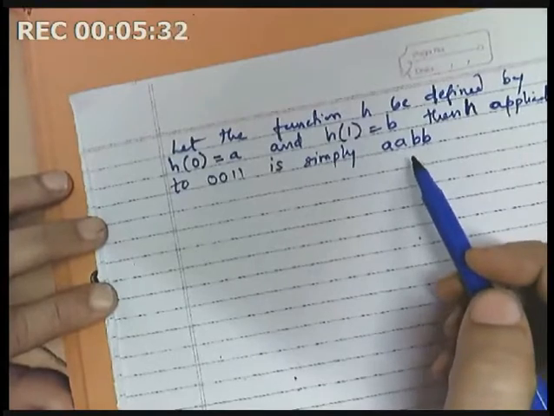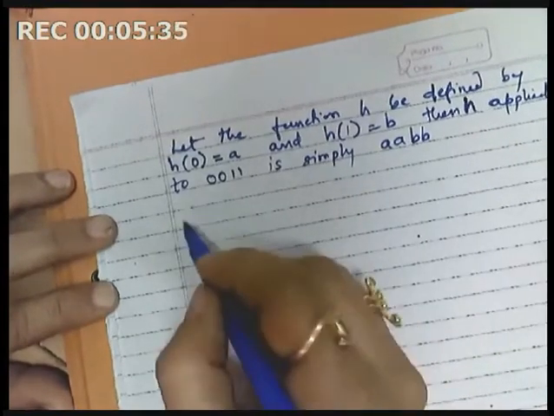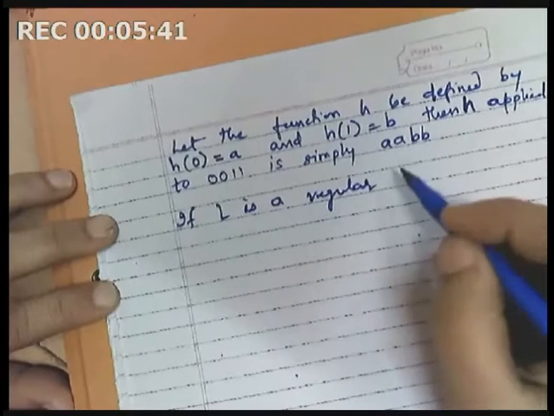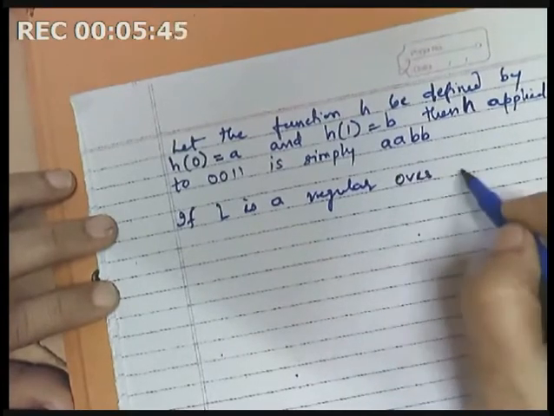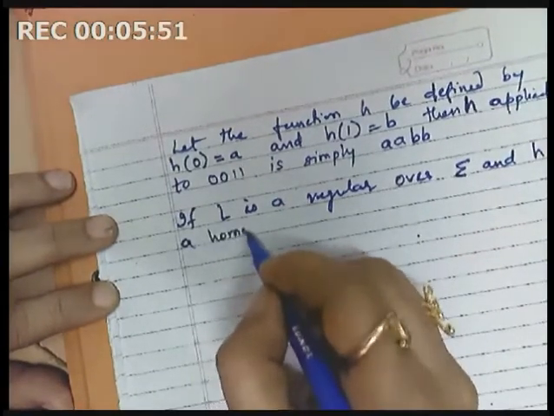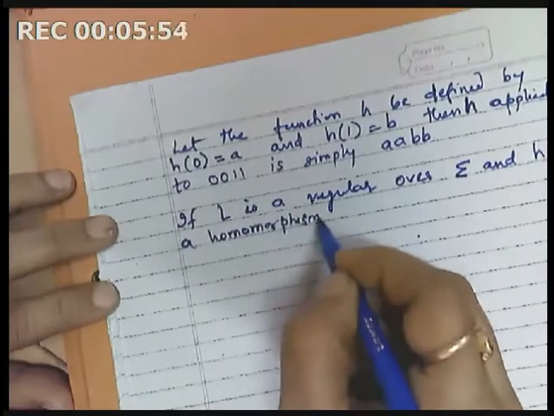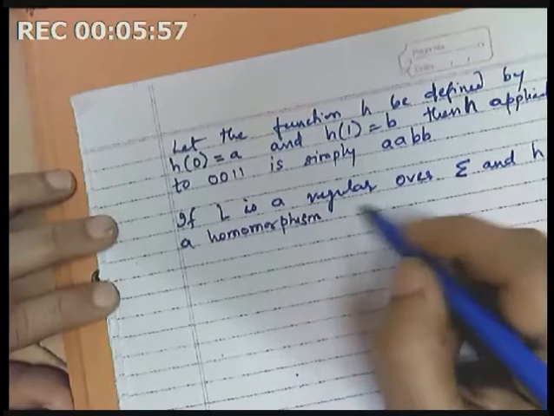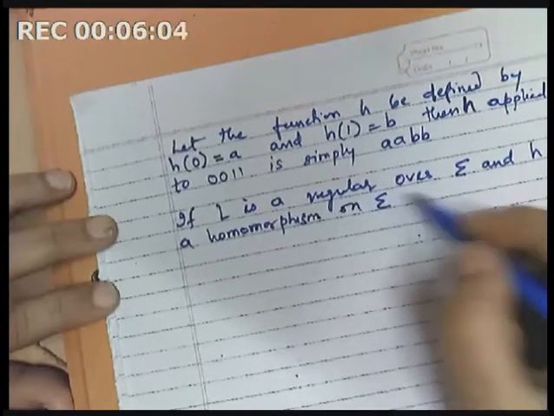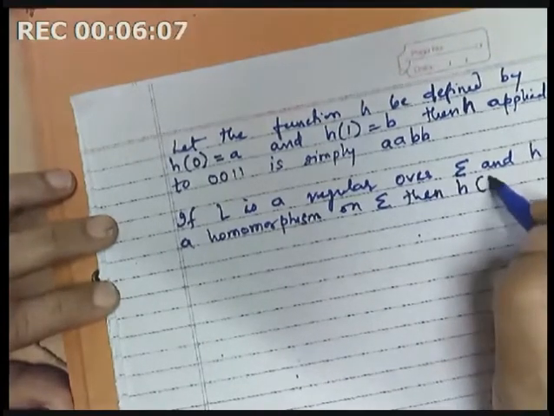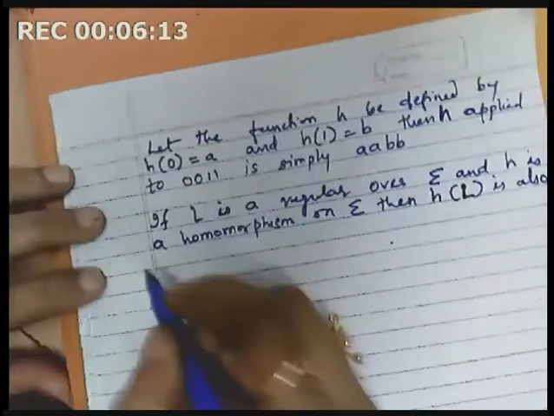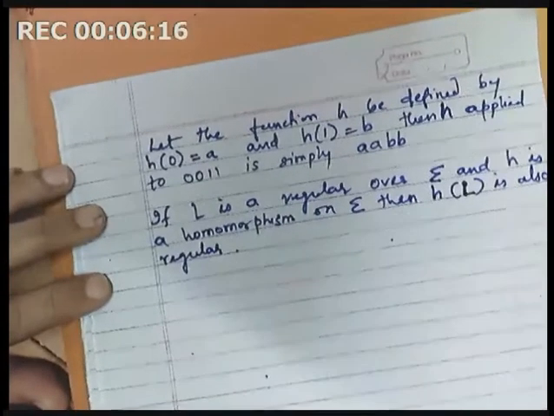So finally we can say if L is a regular language over sigma and h is a homomorphism function on sigma, then h of L is also regular. I hope this is clear.